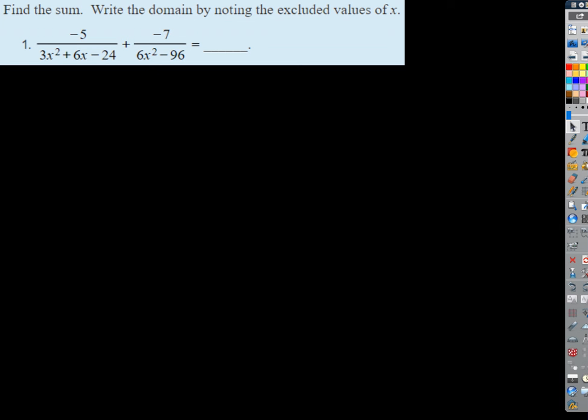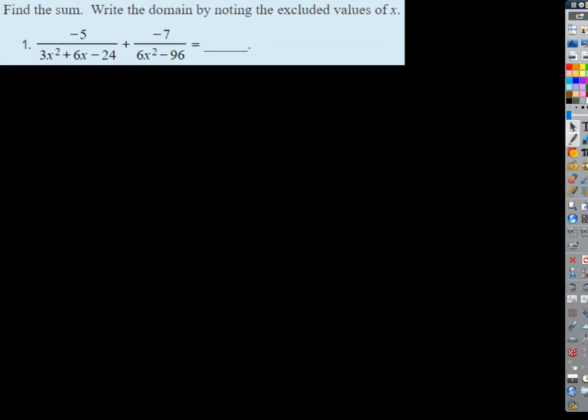That's our goal. And so in order to do that, we've got to factor the top and the bottom to see what are the factors of the denominators to find our least common denominator. Remember, the least common denominator is just going to be the smallest product of factors that includes all factors in each denominator, right? So if we write this in factored form, tops are already factored in this case.